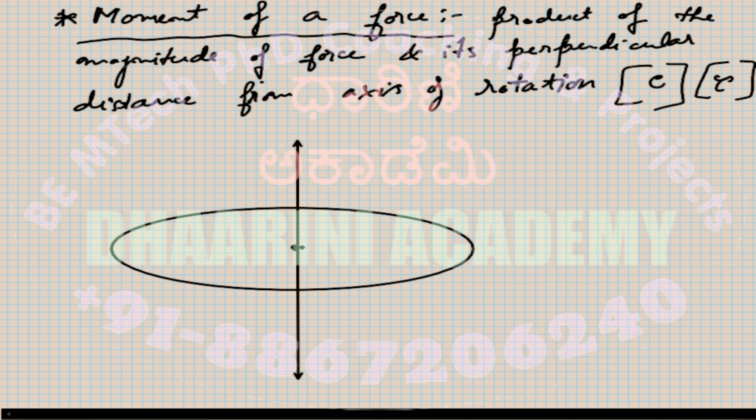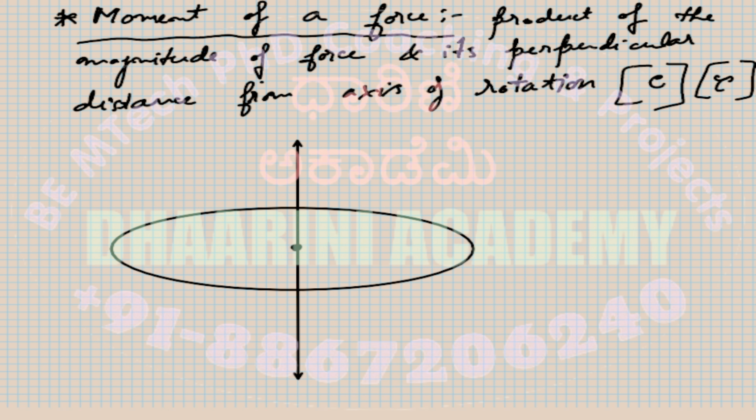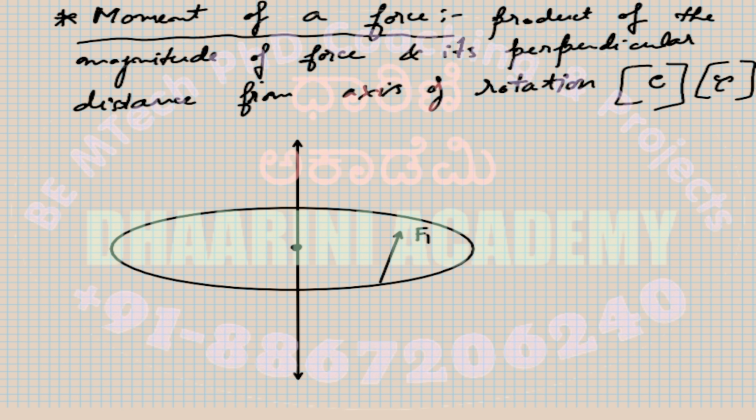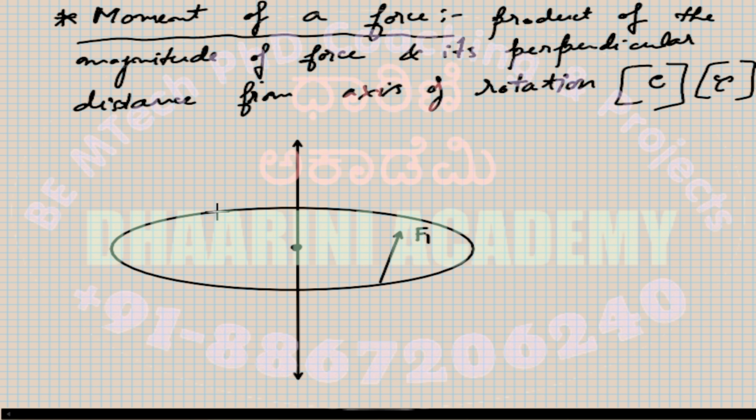Now let me assume that on this plane I apply two different forces. The first force is acting in this fashion, I'll call it F1. And let me apply another force somewhere here, a second force, which I'll call F2.